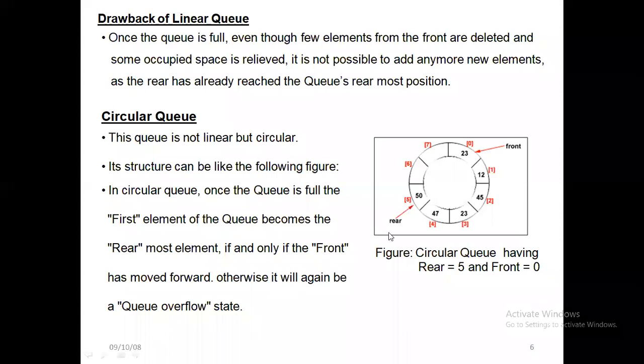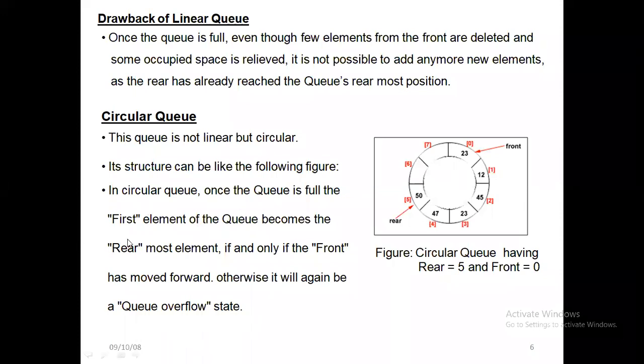Now if we delete 23 and add some more elements, I will be adding after the 7th position. After the 7th position, I can add at the 0th position again. So here the front has moved, and you can see the difference in a circular queue.